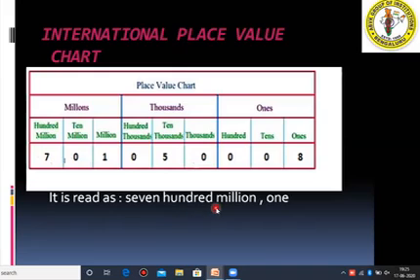701 million. Then in the thousands period here you have 050, so in the hundreds and 10,000s columns there is no number, so it is 50. Then in the ones period, in the hundreds and tens there is no number, only 8 is there. So how are you going to read this number? 701 million 50,008.